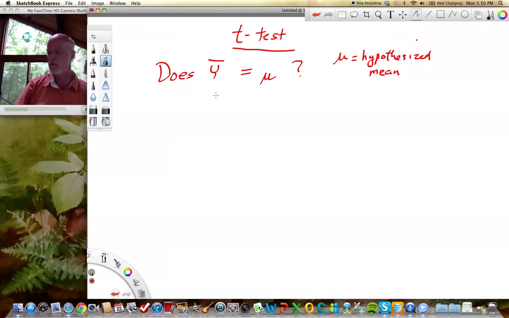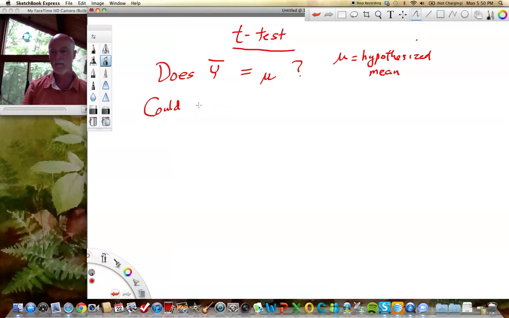All right, so let me rephrase this question in a more statistically rigorous way. And this is how I want you to think about things as you're doing these kinds of tests.